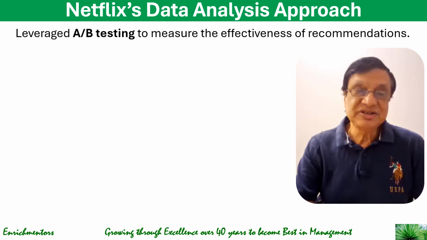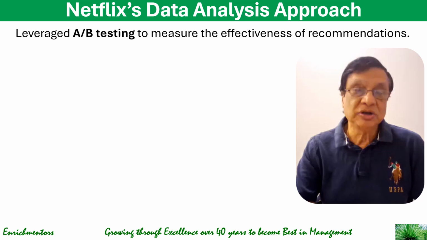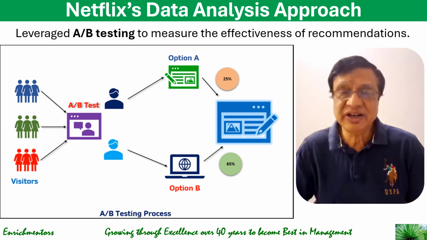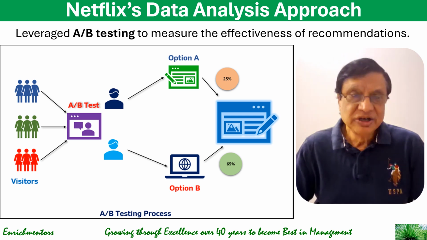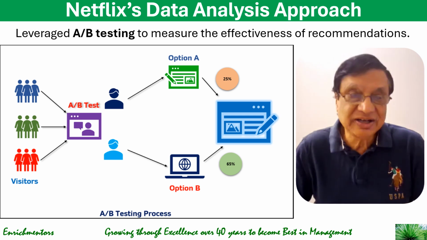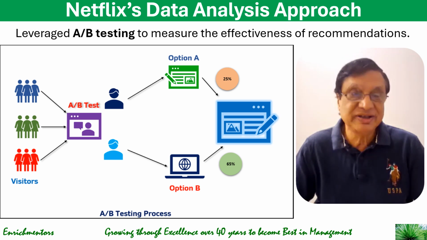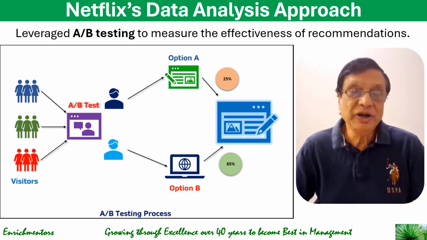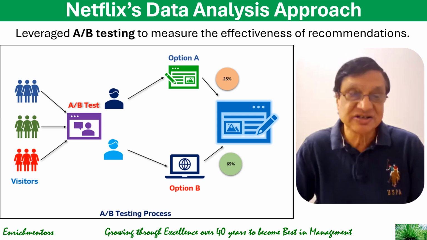Then, once they had these recommendations that the machines proposed, they leveraged A/B testing to measure the effectiveness of the communication. There were multiple recommendations, and the top few they tested either in an A/B test, one to one, or in what is called a multivariate test. In a multivariate test, instead of two, A and B, you have A, B, C, D, E, F, G, H, as many as you want in parallel.